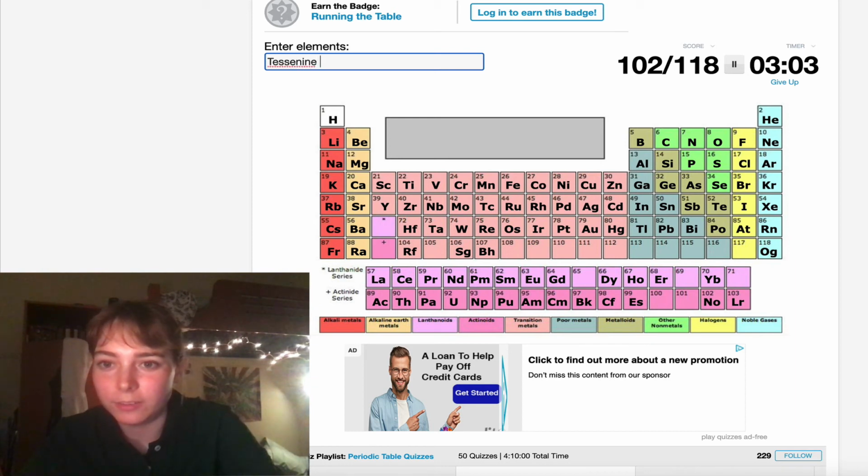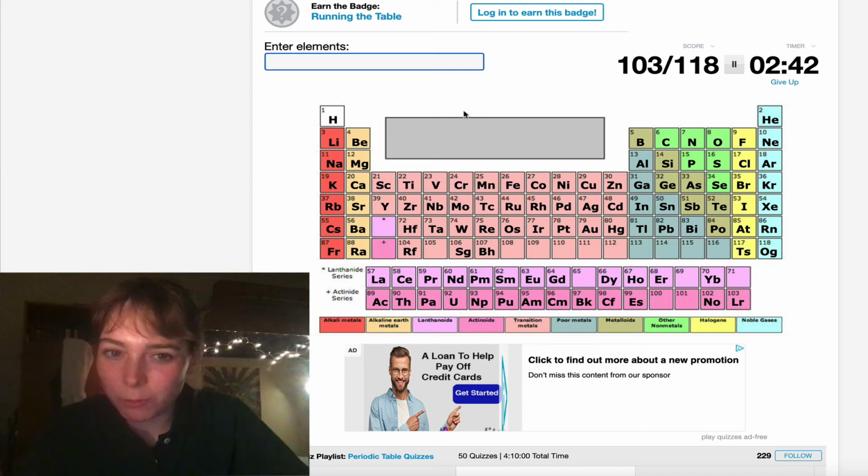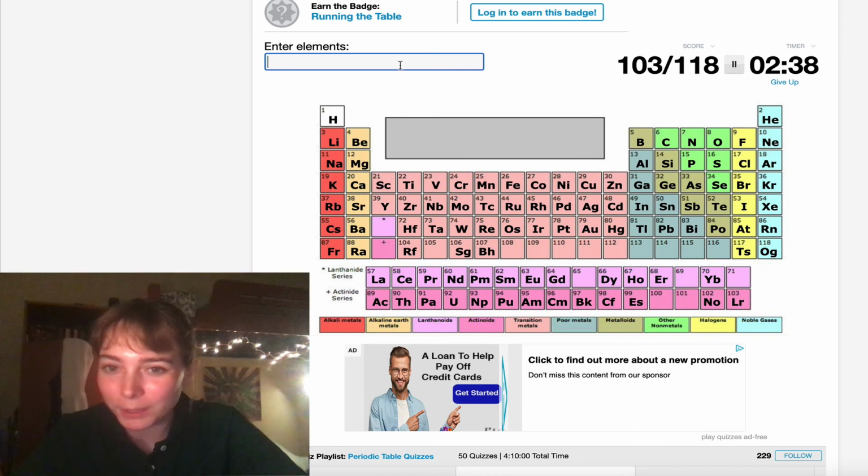I don't know if I'm gonna get this one right. But I know that's what that element is. Oh, is it tennessine? Tennessine. Yes! Okay, there were two N's. What word has two consecutive N's? That's really weird.